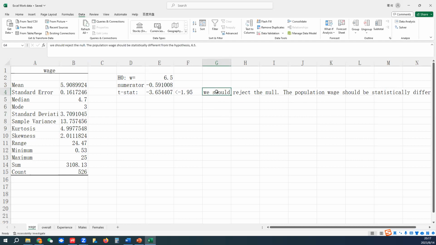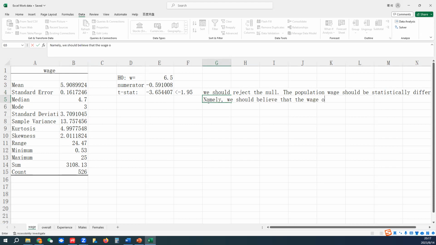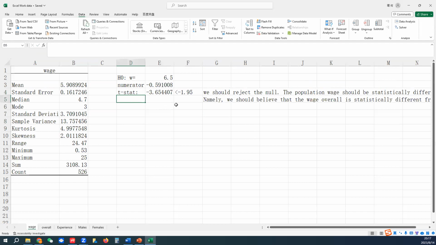Namely, we should believe that the wage overall is statistically different from 6.5. Okay, so that's one method.